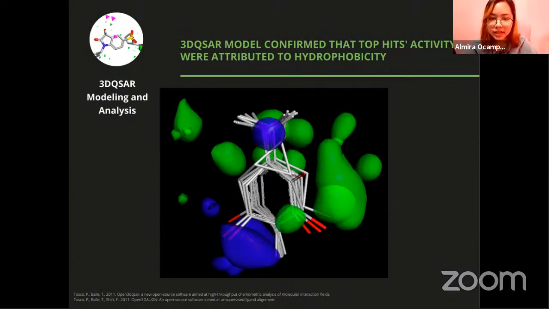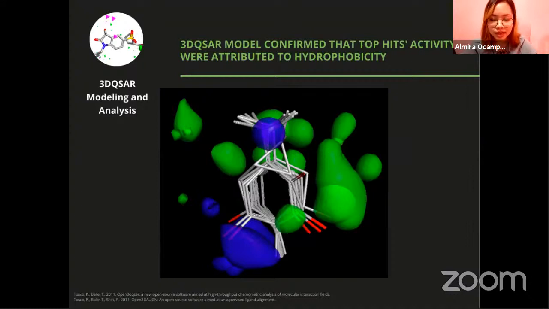And then here, the green areas in the model show areas where steric groups or hydrophobic groups should be added. The blue sites are where positively charged groups should be added. And originally, 3D QSAR models would also show areas in red or yellow where we should add negatively charged functional groups or where we should avoid steric groups respectively, but here there is no need for such features.